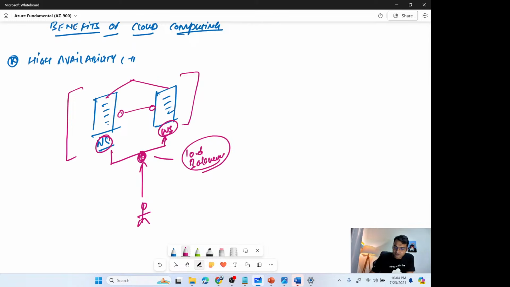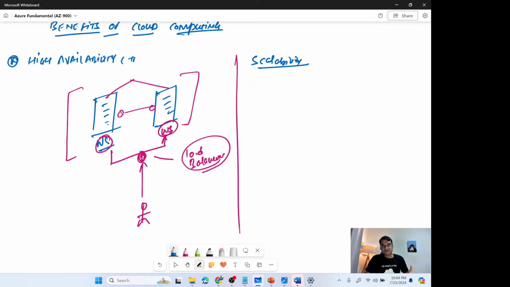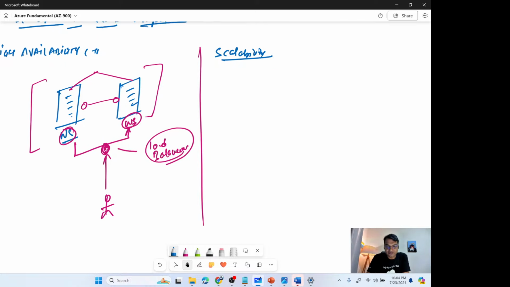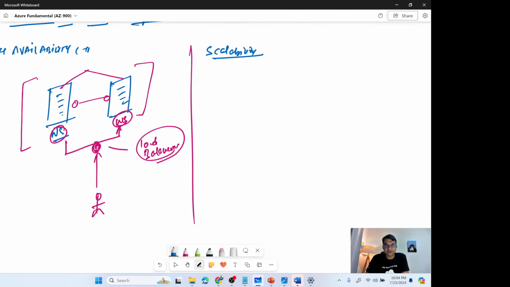Then she talks about scalability. Scalability during festivities, I have a lot of demand, right? How would this be addressed if I were to move my website from these physical servers to Azure? And her friend tells her that, see, today you are provisioning a VM which is this big, let's say, in terms of CPU and memory.